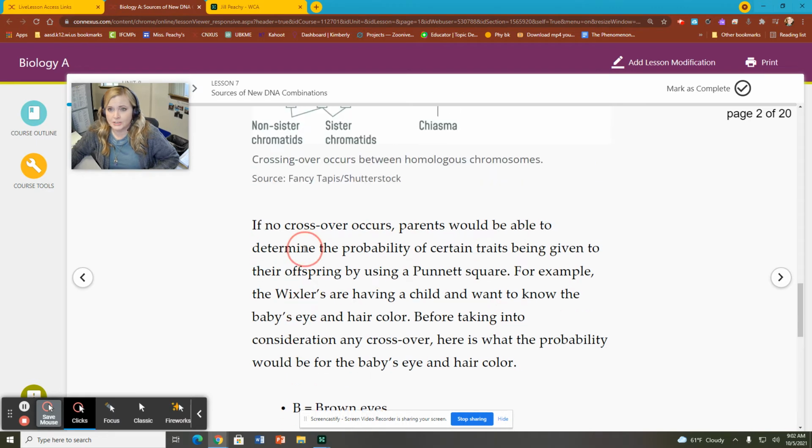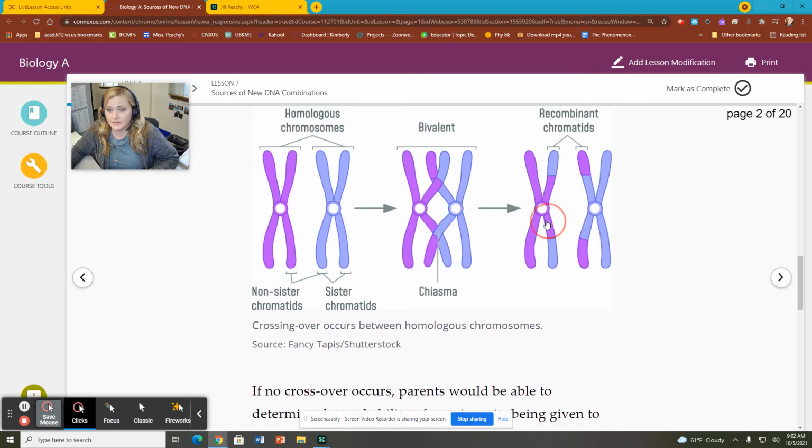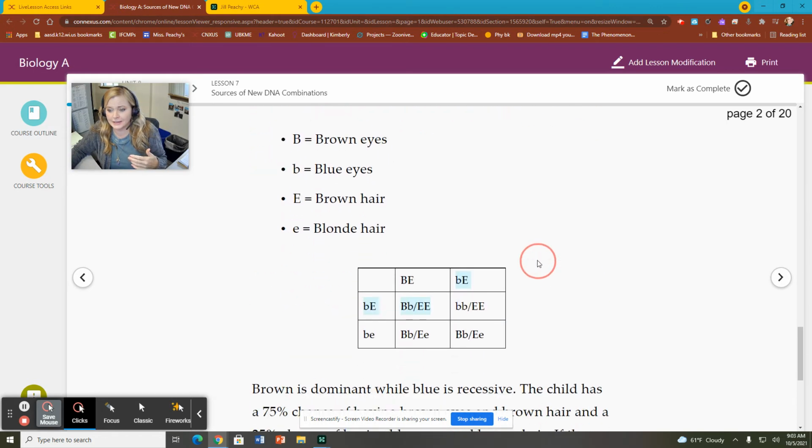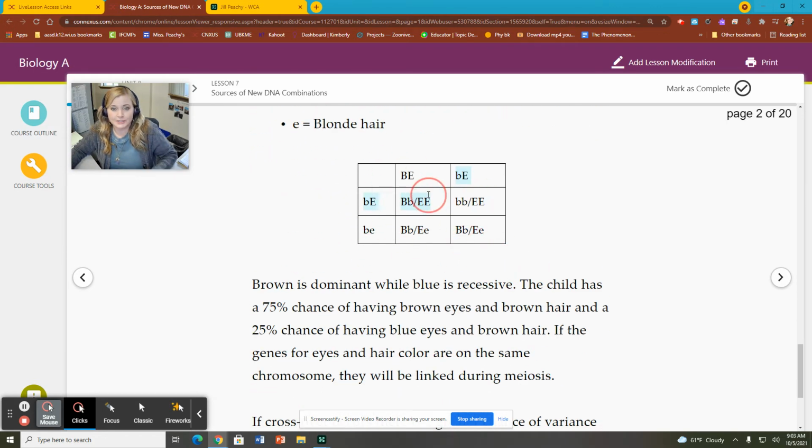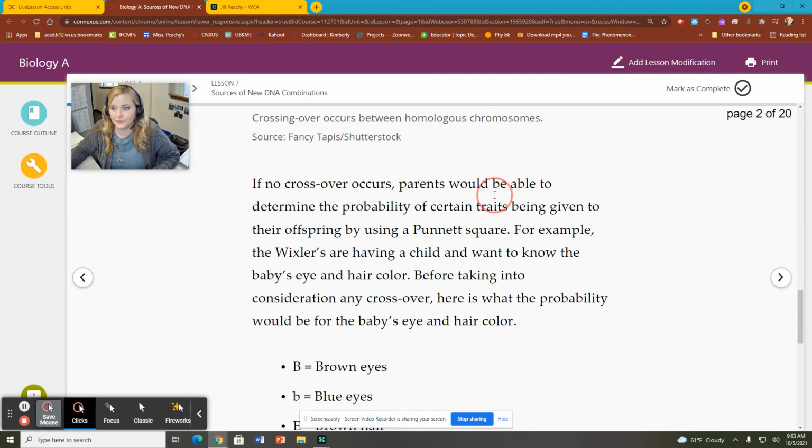The reality of the situation, though, is that crossing over does happen. So you might be in a situation where your mom is blonde and your dad has brown hair, and you are also blonde. According to classic genetics and the Punnett square, you'd wonder how that happened. But truthfully, it can happen through crossing over.